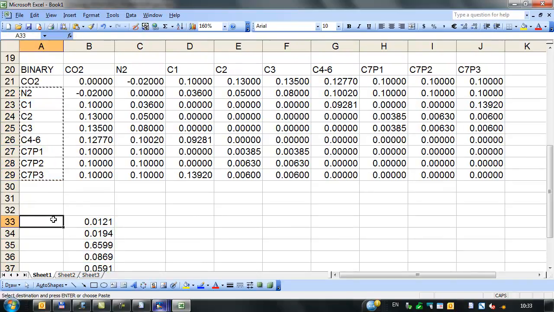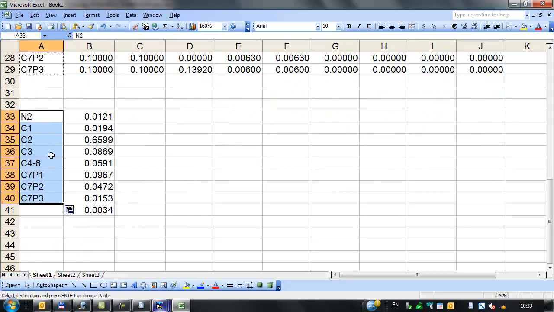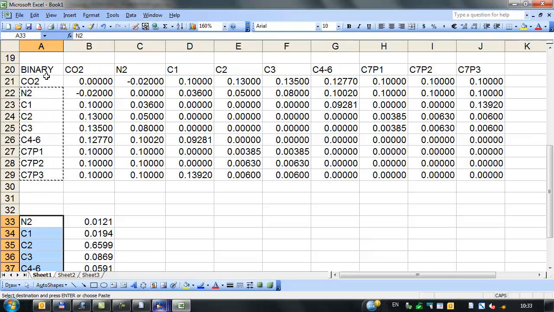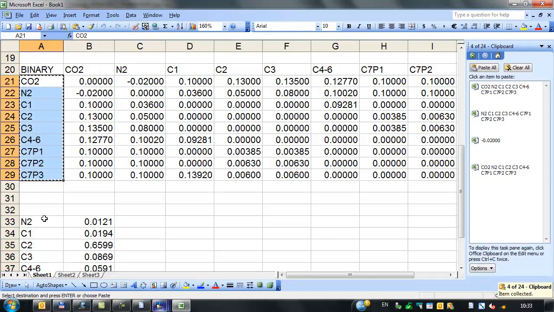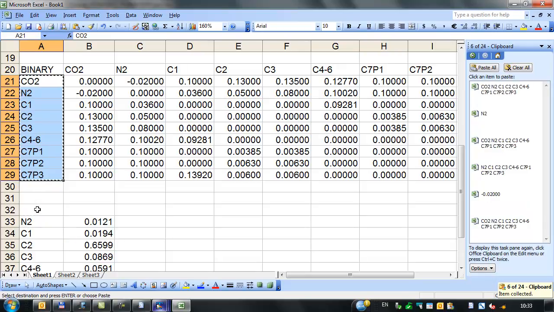I'll show you a slightly different way of inputting compositions into phase comp than we did yesterday. It's a little safer. You put the component names here like that. Okay.